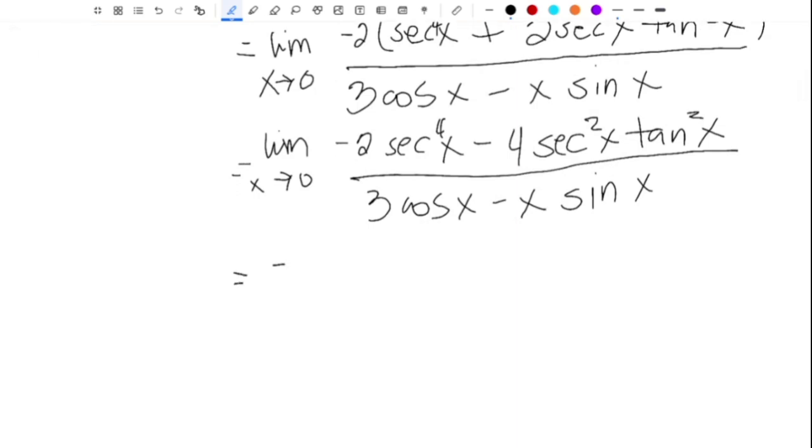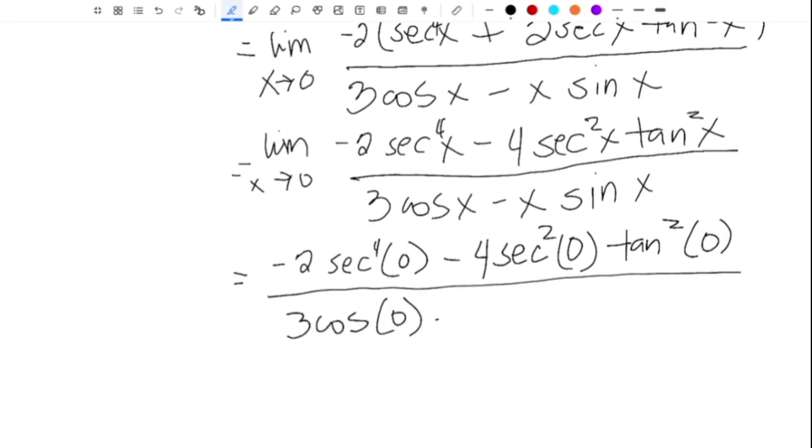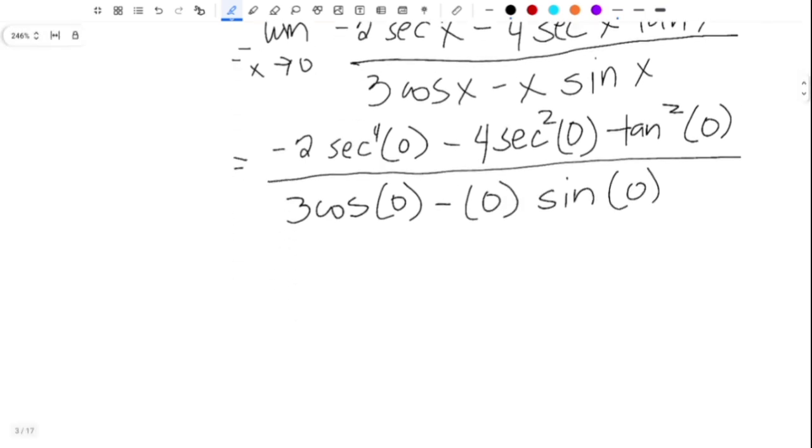Now that we are in this simplified form, we can apply our limit. We have negative 2 secant 0 raised to 4 minus 4 secant 0 raised to 2 tangent 0 squared over 3 cosine 0 minus 0 sine 0. Let us use our scientific calculator, or you can use mental computation on this one. Secant 0 raised to 4 is 1.